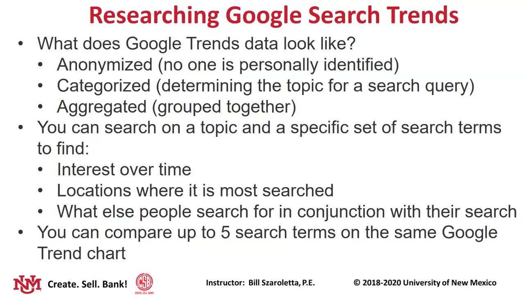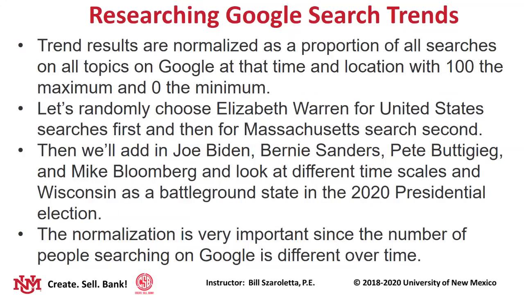Now you can compare up to 5 search terms on the same Google trend chart, and we'll explore this in a sec. And the trend results are normalized as a proportion of all searches on all topics on Google at that time and location, with 100 being the maximum and 0 being the minimum. So we're gonna do various things.